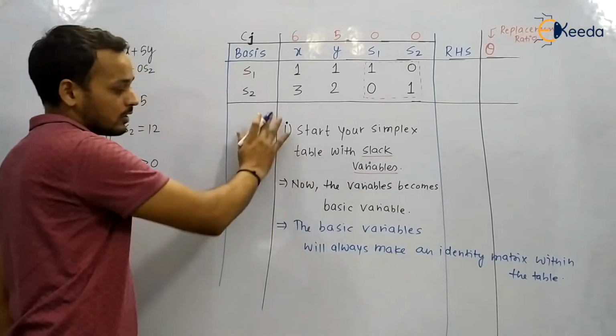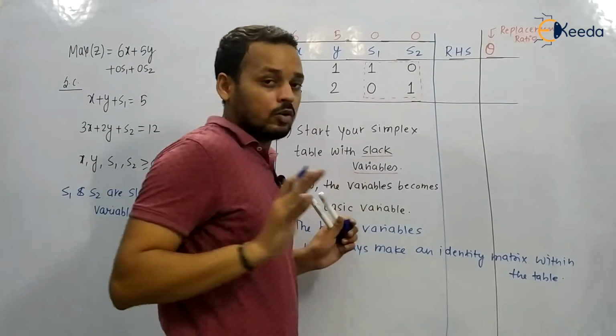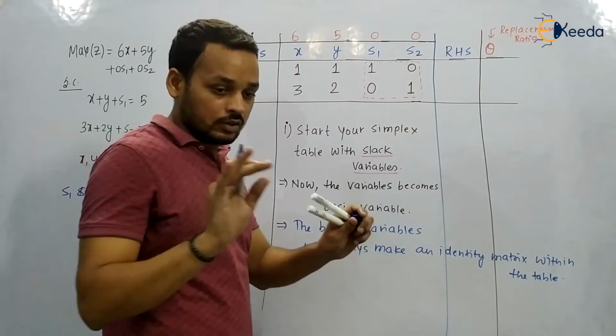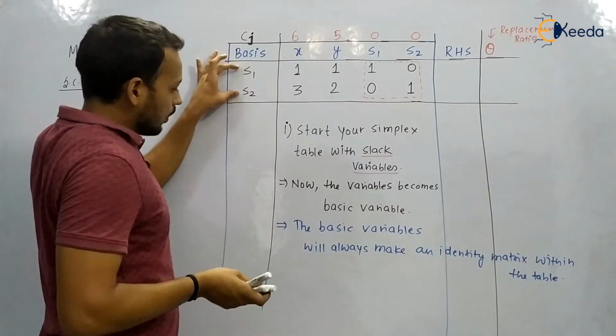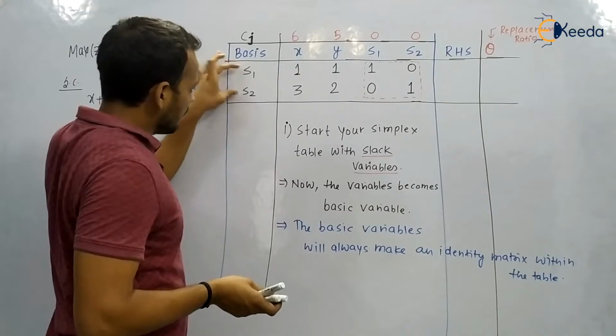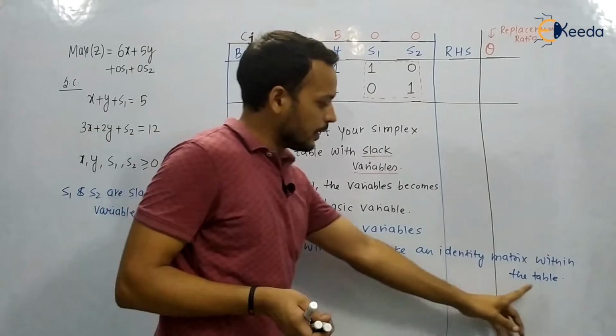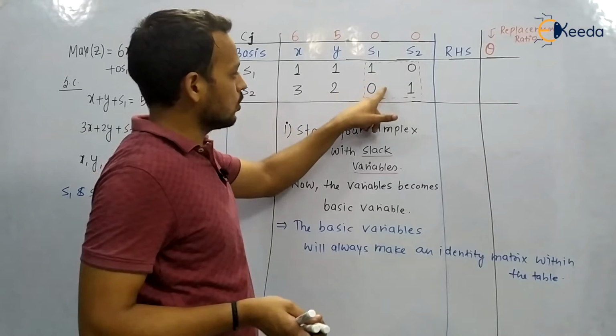Just write these points in your notebook along with me. The basic variables s1 and s2 will always make an identity matrix within the simplex table. Look here, 1 0, 0 1.